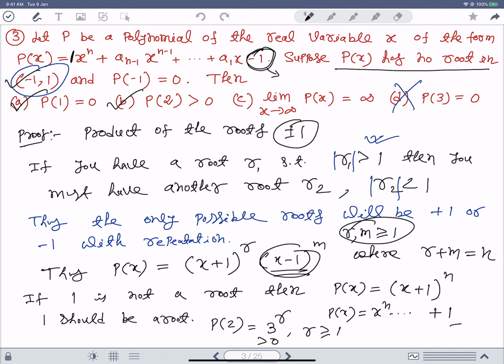And also since the constant term is just 1, if you take the limit x tends to infinity, then p(x) will also tend to infinity. So this is also true. So we have A, B, C, these 3 are the right answers for this question. So, A, B and C.